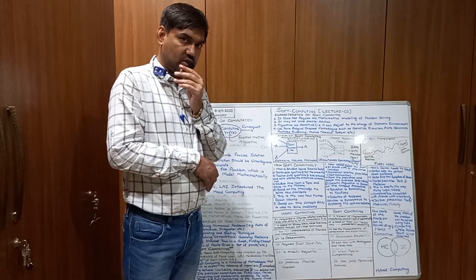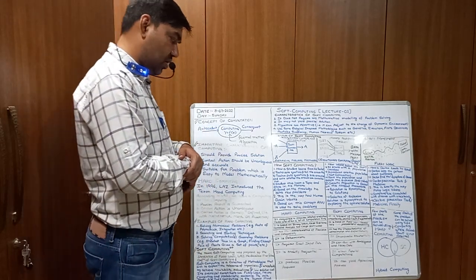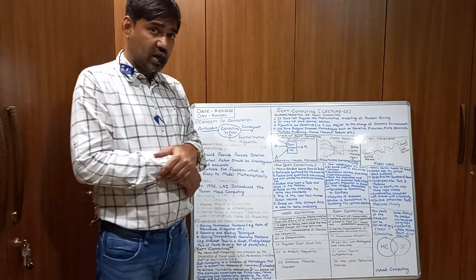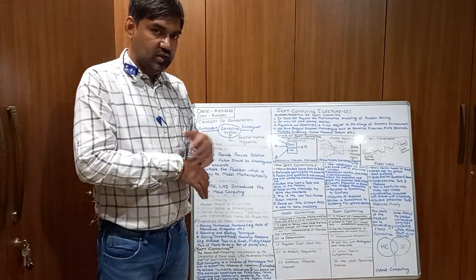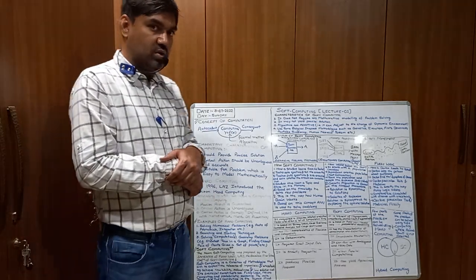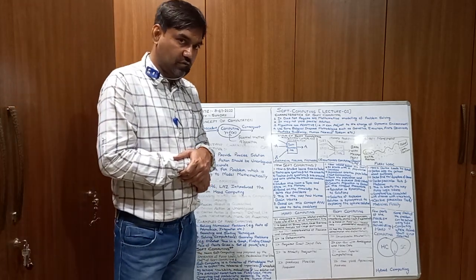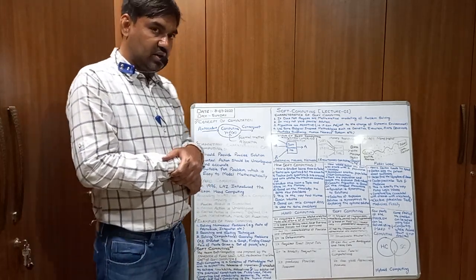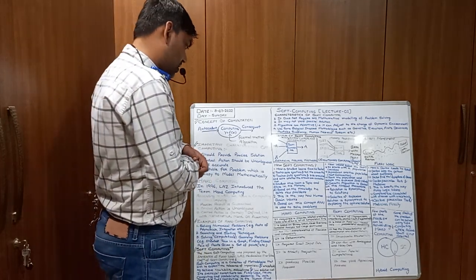I'll be coming on to this definition and focusing on what I wrote in black. The other set of words are written in blue. Some of the words are written in black, so I'll be focusing on the contents that are written in black.